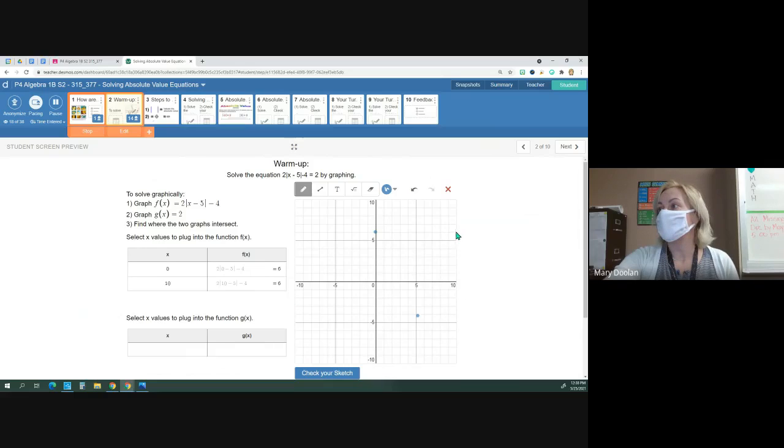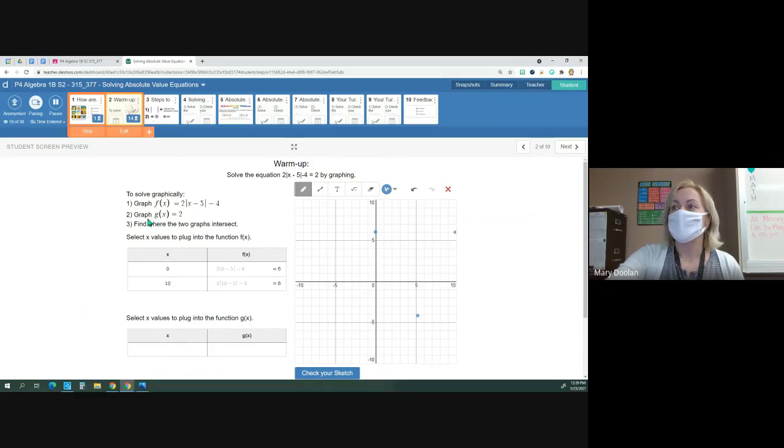That should make sense because when you graph the absolute value function, it is symmetrical. There's a line of symmetry right through the vertex, just like with a quadratic parabola. Same kind of idea with the absolute value V-shaped function.